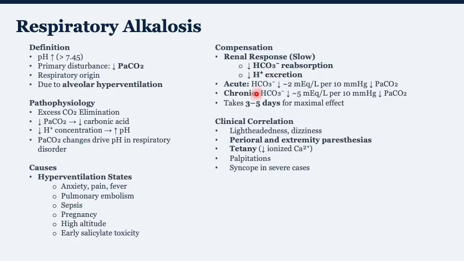So bicarb will decrease by 2 milliequivalents per liter per 10 millimeters of mercury as the partial pressure of carbon dioxide decreases. And if it's a chronic process, this decreases by 5. Again, it still takes 3 to 5 days.